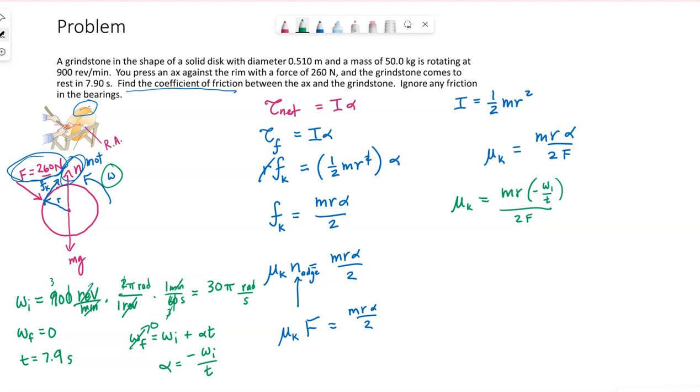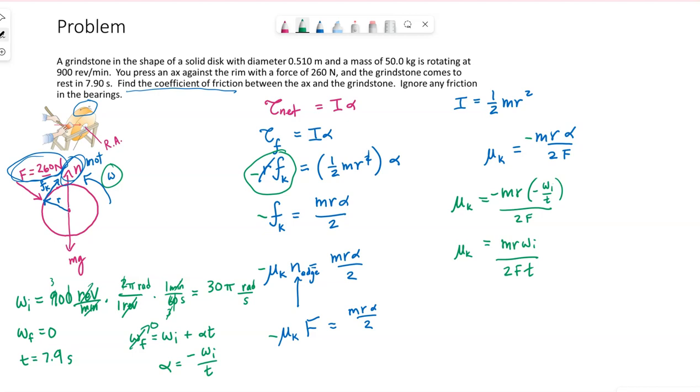Where the other negative sign is within this tension, the torque. The torque is in the direction of the angular acceleration. So technically, we have a negative sign in here already. And so if I carried that through, those negative signs will cancel, and we're going to get a positive answer for mu.